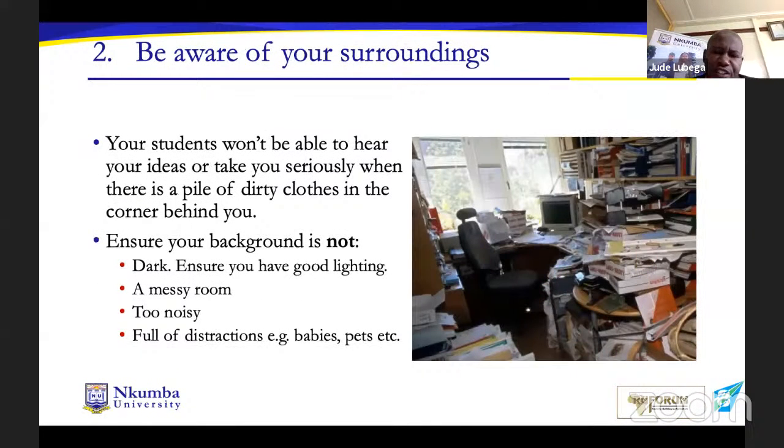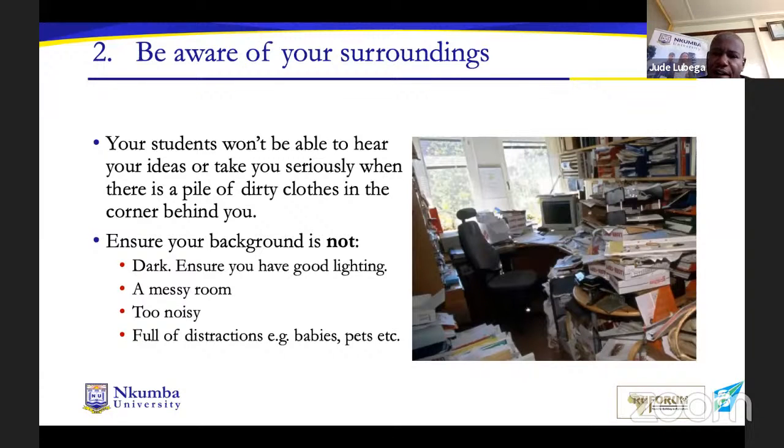Beware of your surroundings. If your students are able to see whatever you are teaching from, they will say, no wonder that lecturer is as confused as his office. Because they can see the confusion in there.